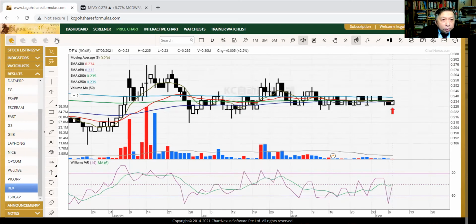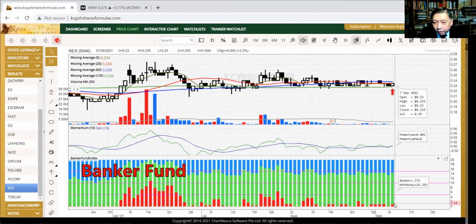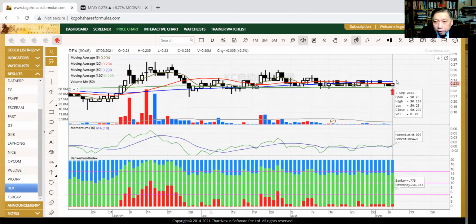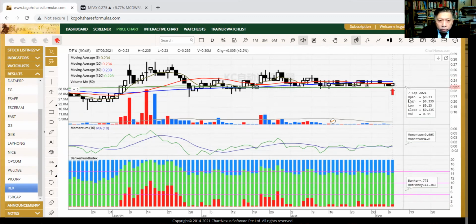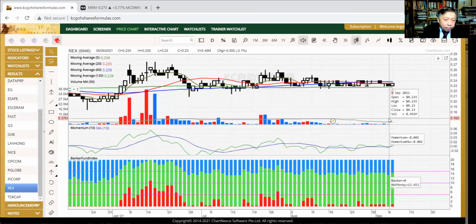Let's look at the banker indicator. It's just about 5%. So it will take time, because the 60-day moving average line has not been penetrated, and the volume is not there yet.